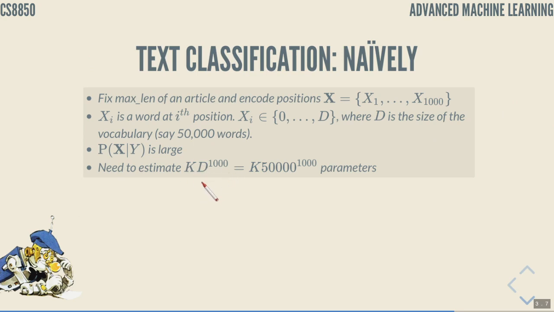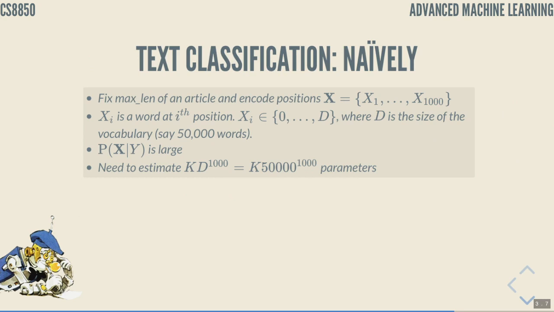For spam versus non-spam, it's just 2. For topics and categories for articles, there could be many, around 10, say. That is a very large number of parameters, so we would need an astronomically huge data set to even have each parameter instantiated.